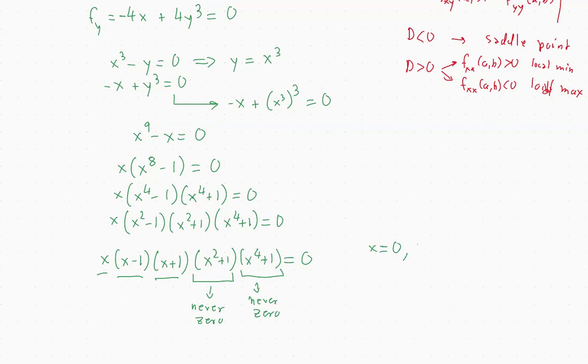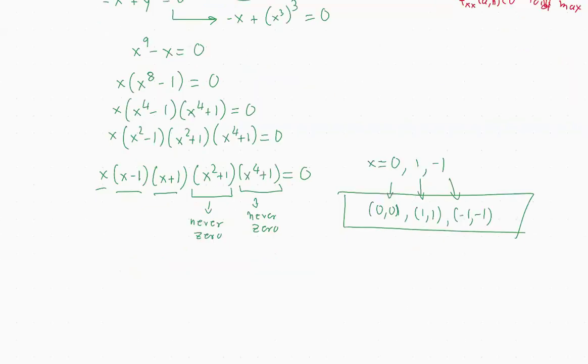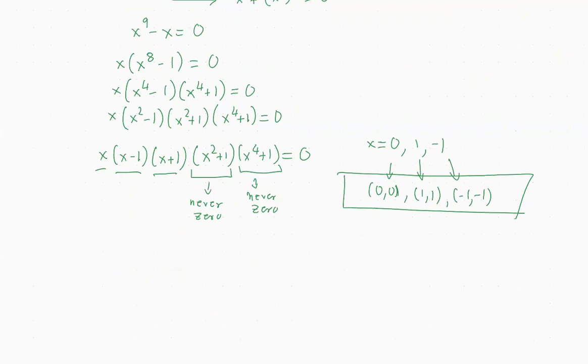And by remembering that y is equal to x cubed, that will give us the point (0,0), because y is 0 cubed, or the point (1,1), or the point (-1,-1). So these are our 3 critical points. For each one of them, we need to compute the discriminant. It's actually both a discriminant and determinant, but we call it a determinant that we have mentioned.